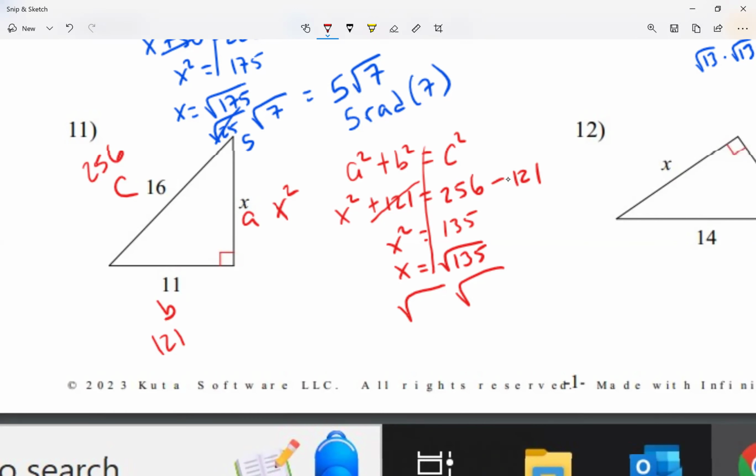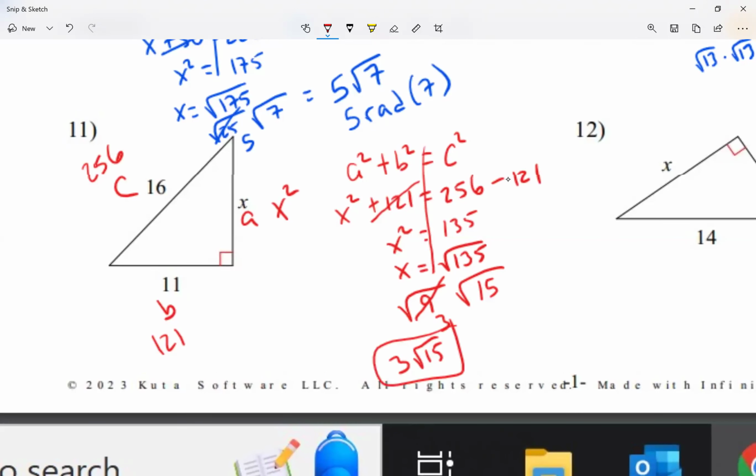Can I use 9? 135 divided by 9 gives me 15. Okay, not a decimal. So I know that 9 times 15 is 135. I know the square root of 9 is a perfect square. It simplifies to 3. So my answer is 3 radical 15.